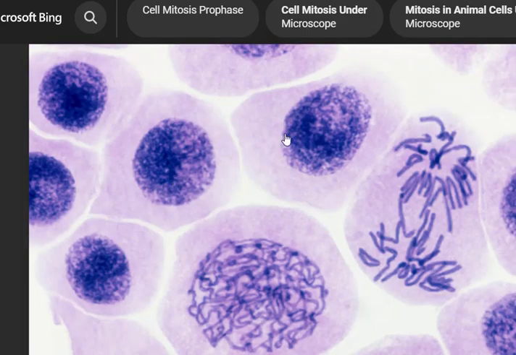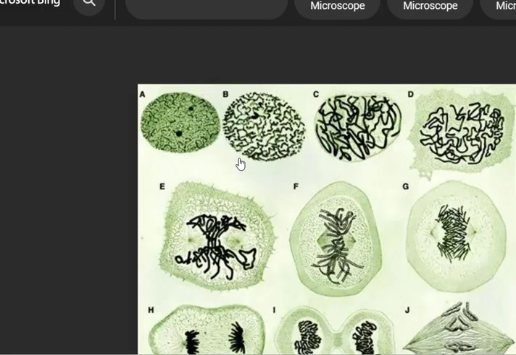If you were to look at this, these would all be in interphase. This one's in prophase. This one's in anaphase, because there go the chromosomes, half one way, half the other way. They haven't made it to the ends yet, so they're not in telophase.